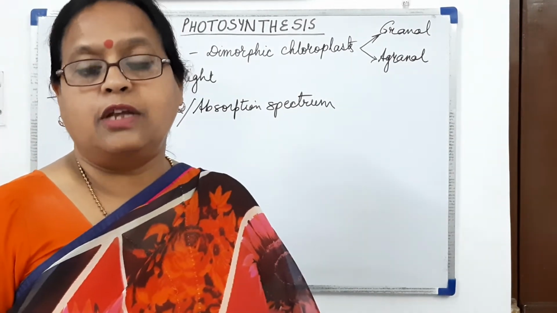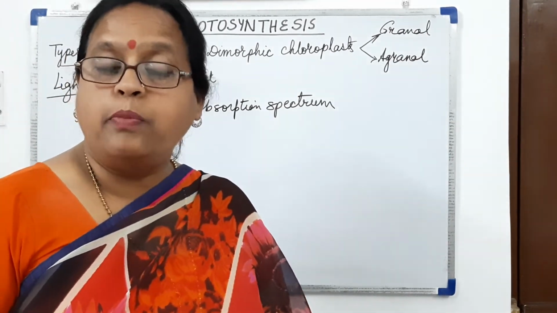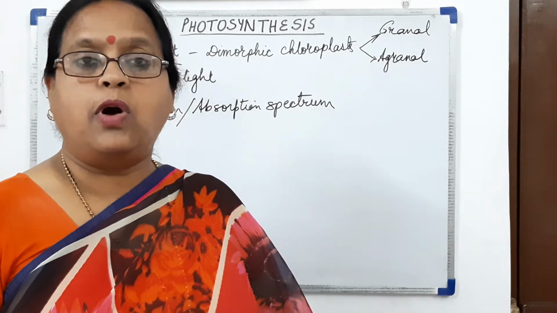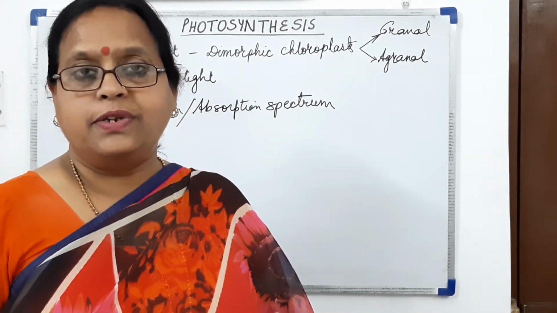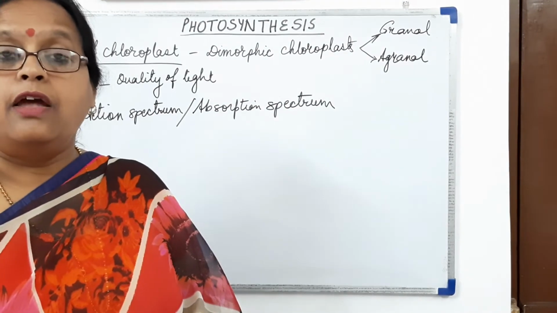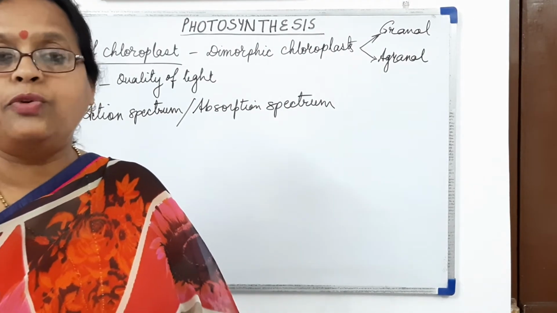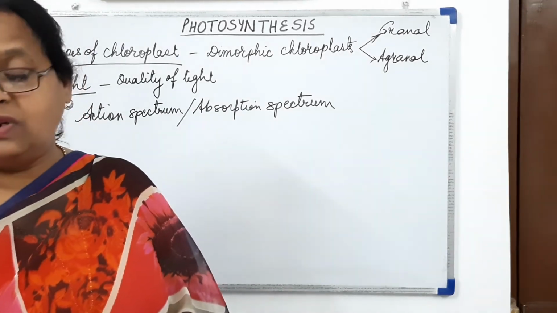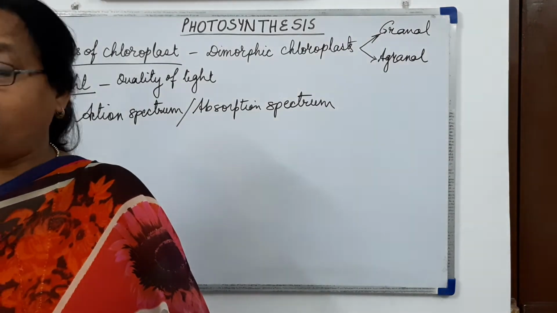Chlorophyll A is the pigment which absorbs the light necessary for the process of photosynthesis. The rest of the pigments absorb light which is not accurate for photosynthesis. So that is why we call them the accessory pigments.